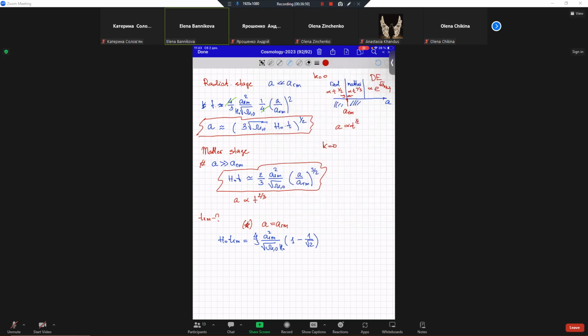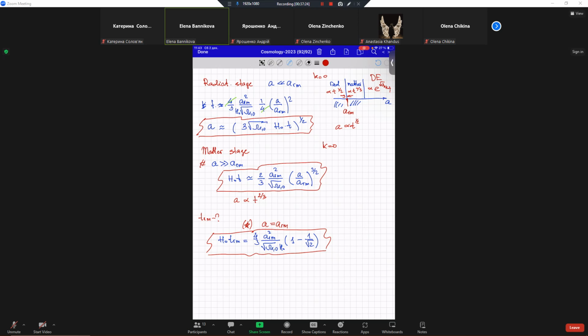So this is an expression which allows us to find the moment of time when we pass from the radiation stage to the stage where matter dominates.